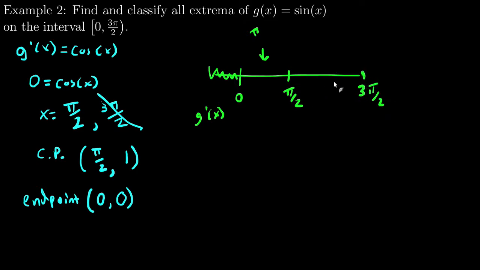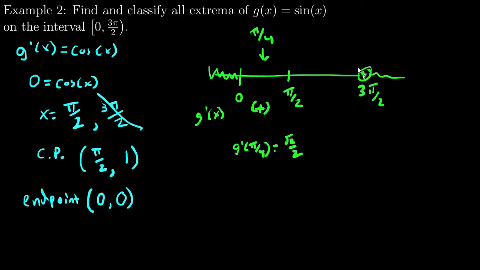I should probably keep inside here, but I don't need to actually get here because it's not defined here or after. But in this first interval here, I'll consider pi over 4. g prime of pi over 4 is going to be root 2 over 2, which means that g prime is positive on this interval, from 0 to pi over 2.